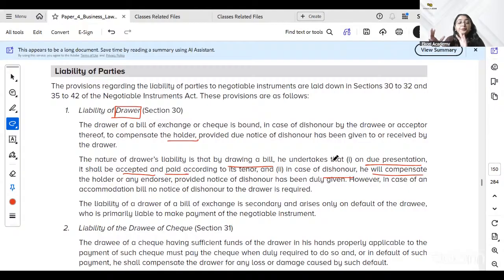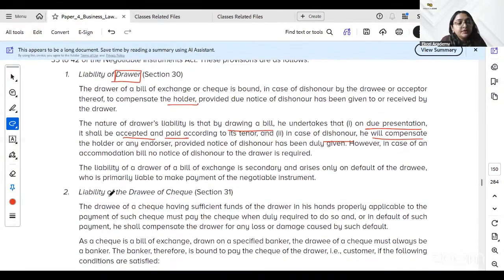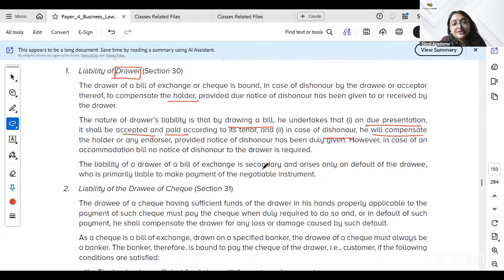That is, if the payee has presented it duly, the banker will pay it. But if it has been dishonored, then he will compensate the holder, right? Let's say you did not have sufficient balance and it is dishonored, then you will compensate the holder. The liability of the drawer of a bill of exchange is secondary and arises only on the default of the drawee. Who is the drawee? The person whom you are ordering to make the payment.